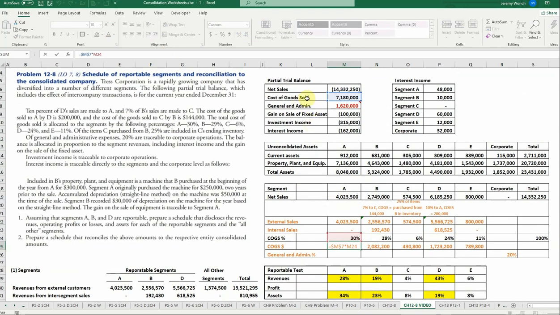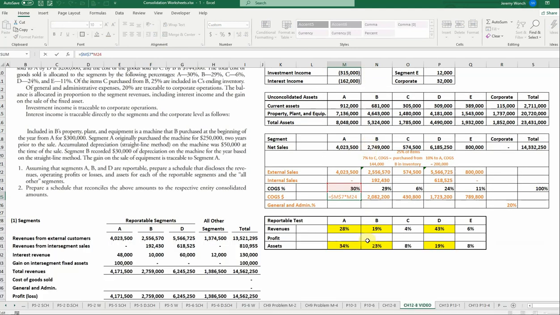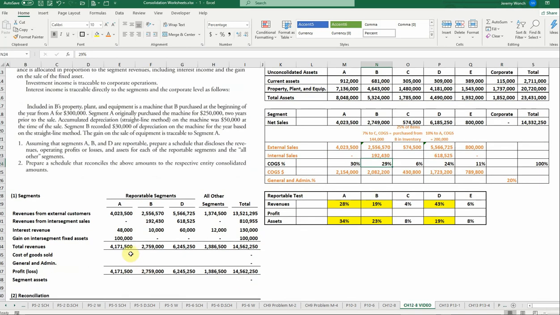So it gives us total cost of goods sold up here of 7,180,000, and 30% of it goes to A, 29% to B, and so on. So we have that calculated here.